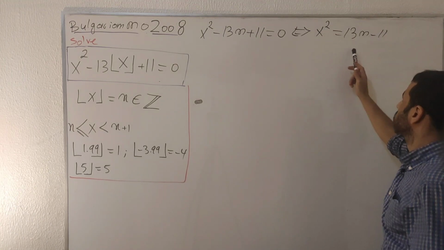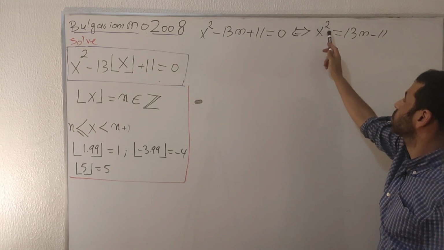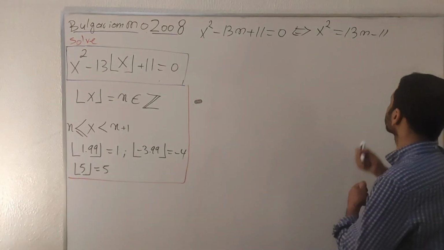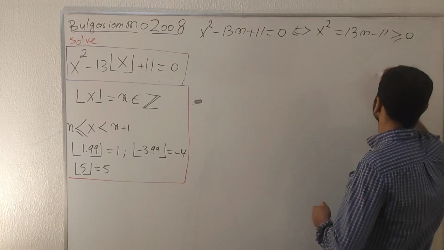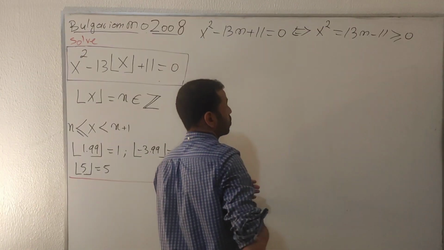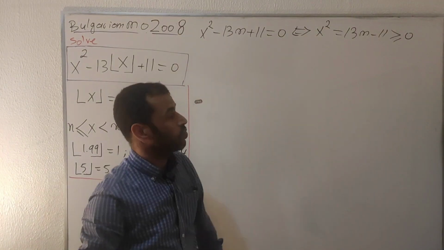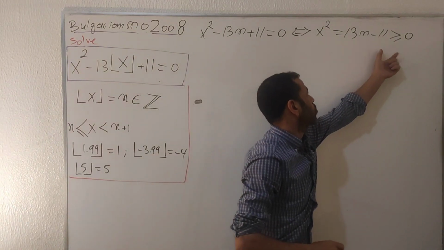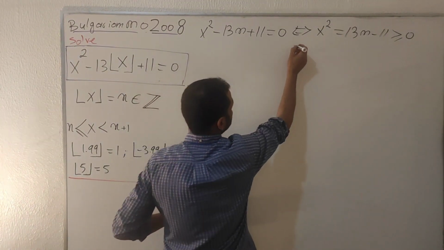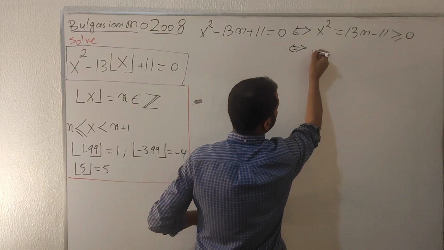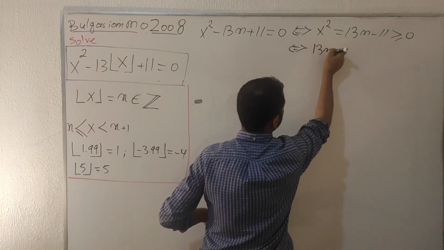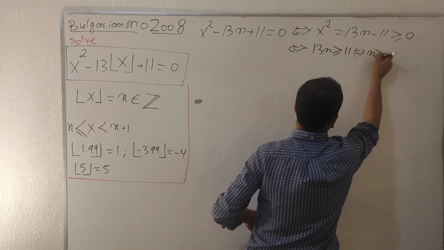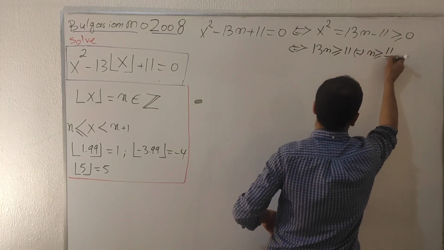We have a nice observation here. Taking a look at x squared, this term is positive, or equal to 0. This is very nice information, because it can help us avoid all the negative numbers. Since it is greater than or equal to 0, 13n minus 11 is greater than or equal to 0, which is equivalent to n being greater than or equal to 11 over 13.